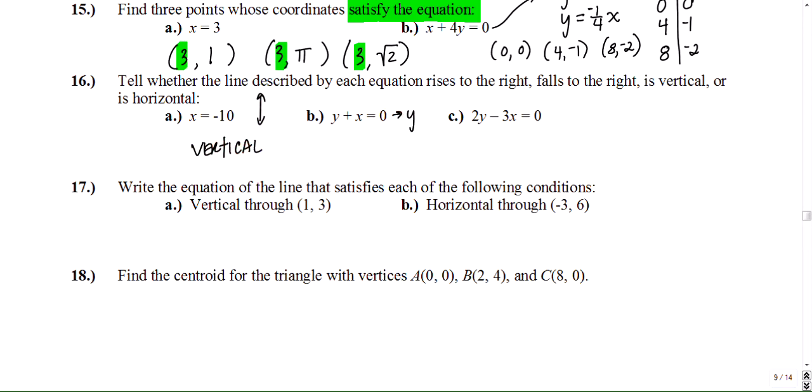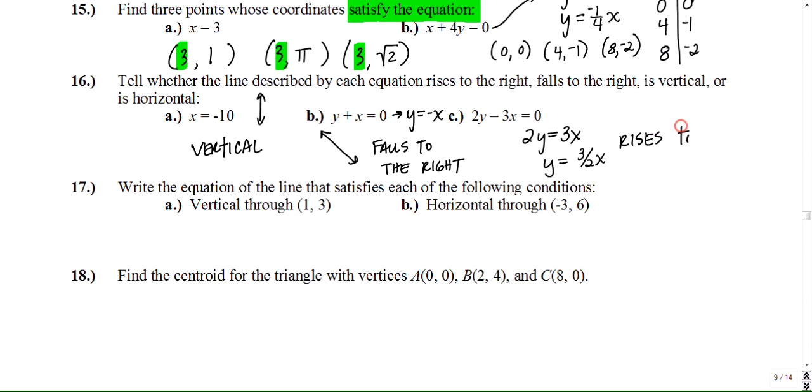This line, y equals negative x, looks like this because it has negative slope and it falls to the right, meaning it goes down. And this last one rises to the right because it has positive slope.